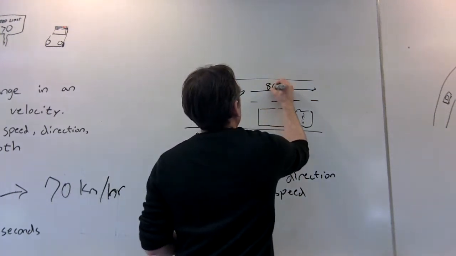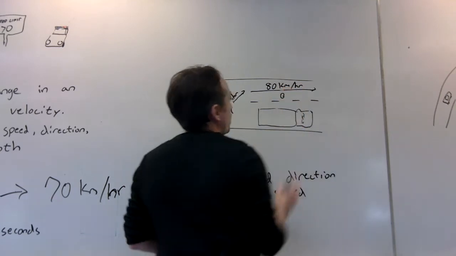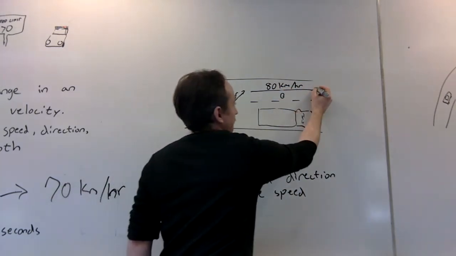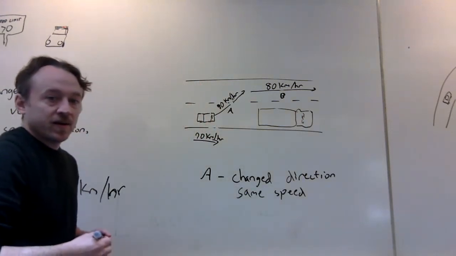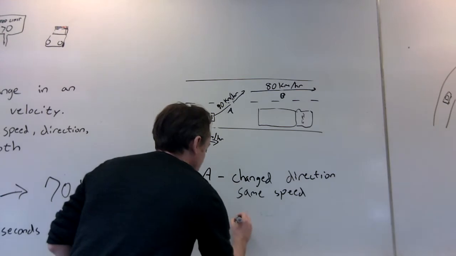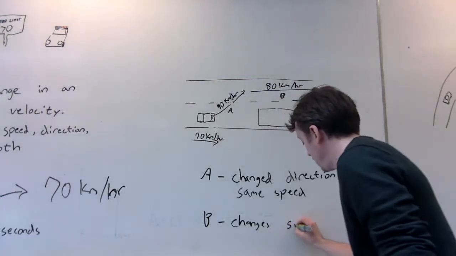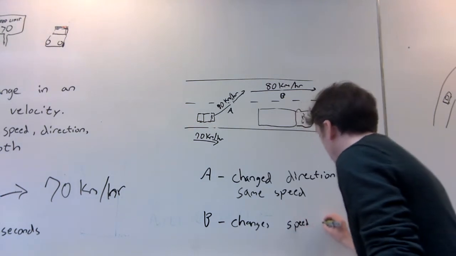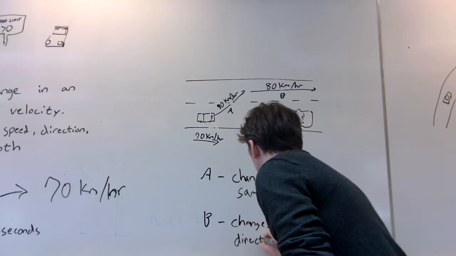So let's say he speeds up back up to the speed he was at before he saw the cop, 80 kilometers per hour. So in path B, he speeds up. So he changes speed.